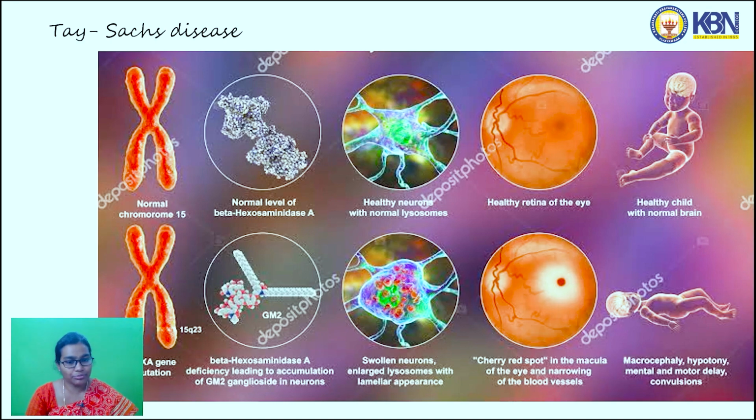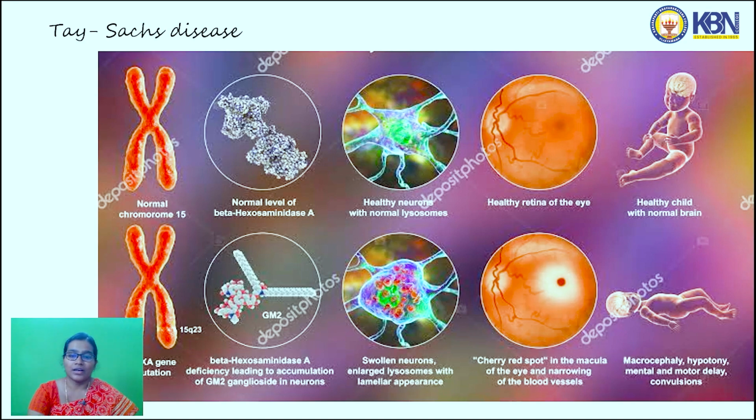Because of frame shift mutation, one particular protein gets damaged and does improper function. Because of that, there is swelling in neurons, and there is a red spot in the eye, and it causes narrowing of blood vessels.